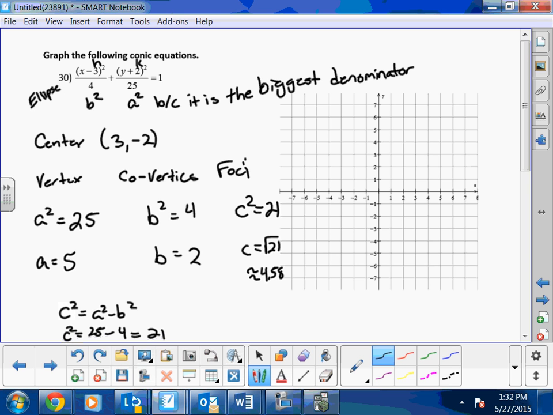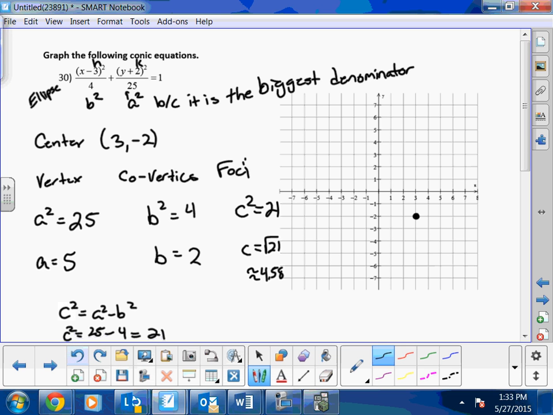Now, I'm going to go ahead and start graphing. As far as the center, it's pretty simple. But then you're going to ask yourself a question: where is my major axis? Is it going to be this way, along the y? Or will it be along x and go this way? How do you tell? It comes from wherever your largest denominator is.